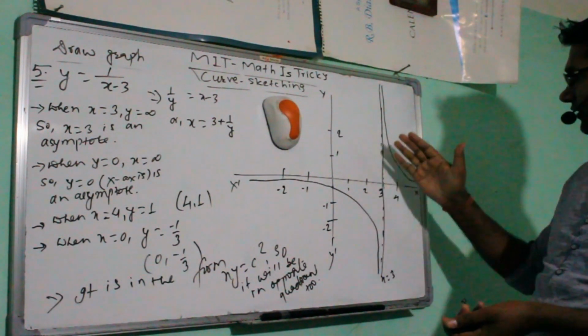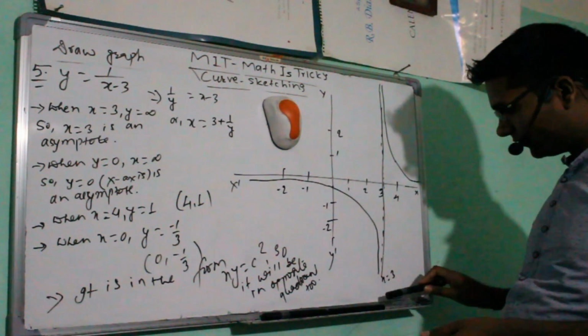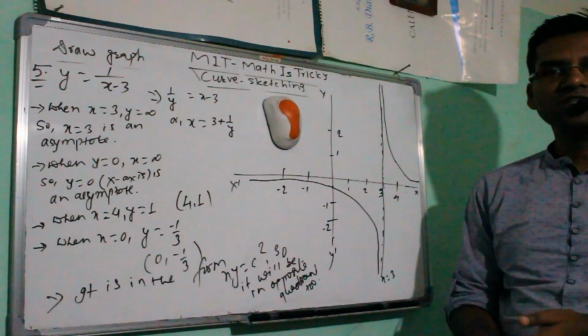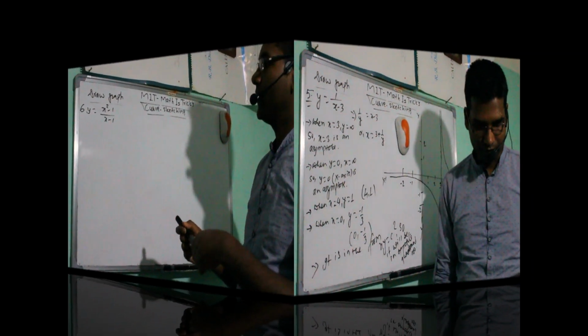Okay, so this is one quadrant here below, and up also will be the graph. Hope you understood this, and if you have any confusion you can ask me, you can share with me. Thank you so much. God bless you.